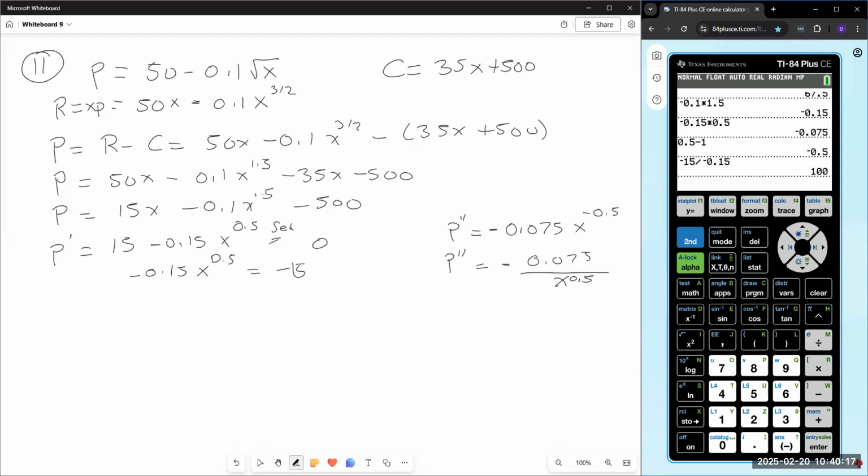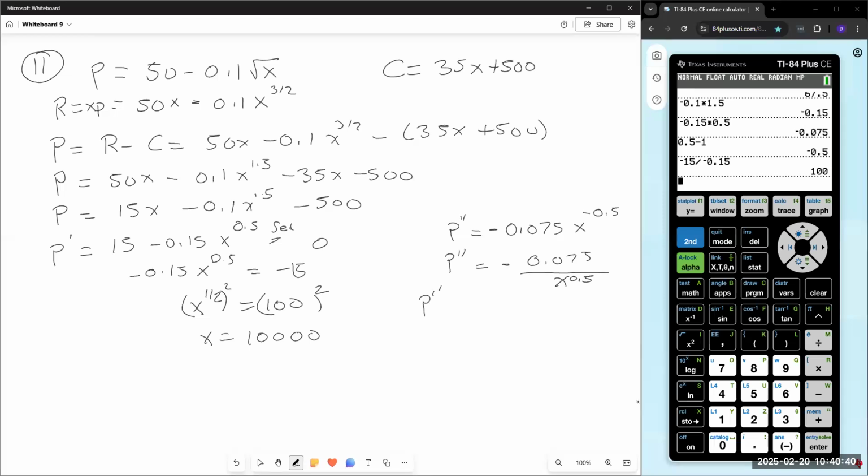X to the 1/2 is equal to 100. Let's square both sides, and x is equal to 10,000.